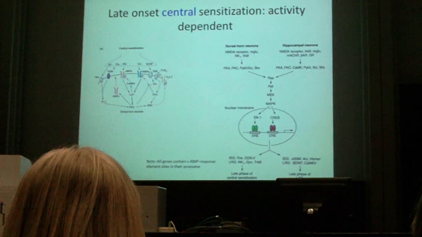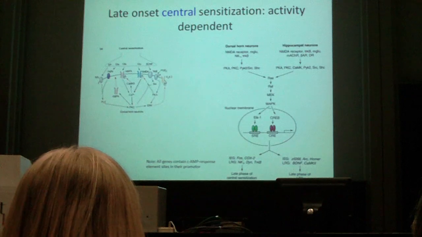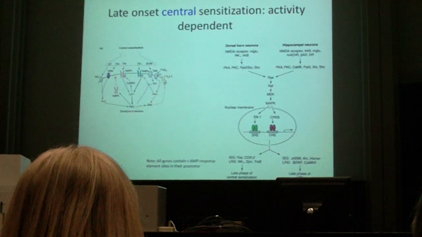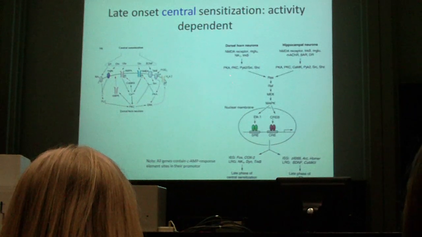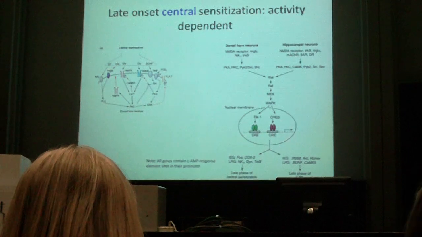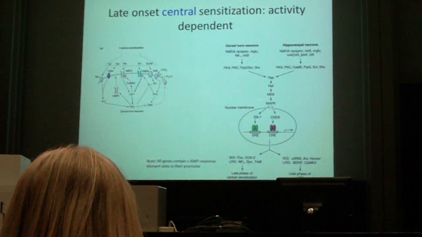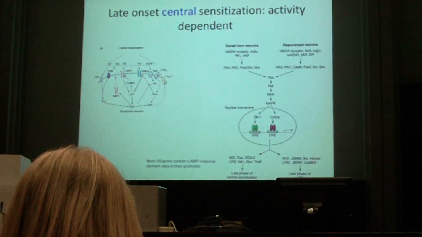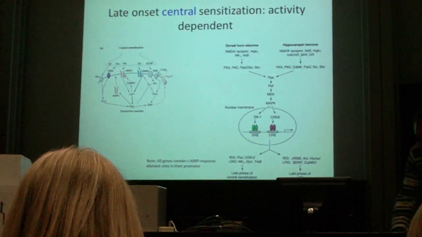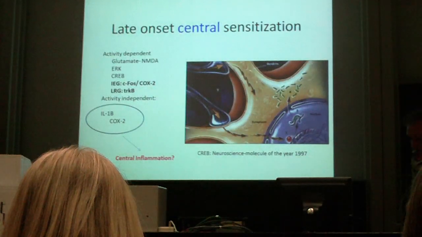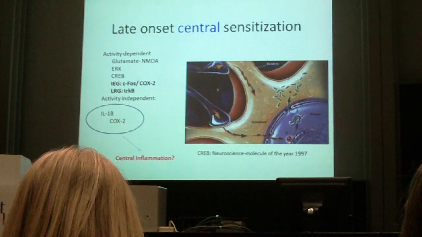Of course, this also has a late onset, a long-term effect, and these effects, which are started with secondary messengers, enter the nucleus, and through activation of MAP kinases and CREB, you will have long-term effects because new molecules will be generated. Molecules like COX-2 or interleukins, cytokines, and all kinds of stuff are being released.